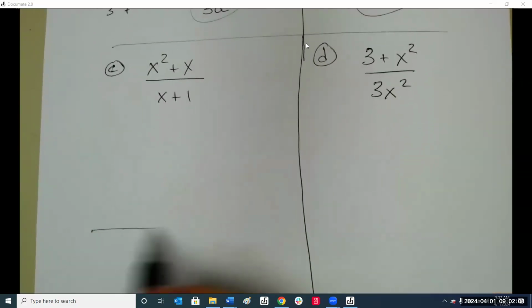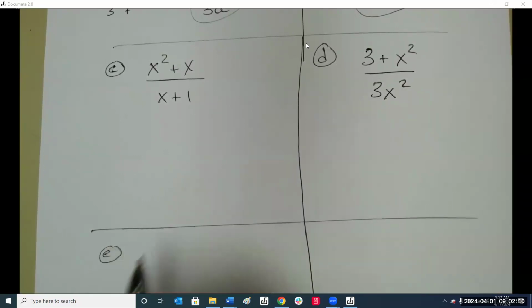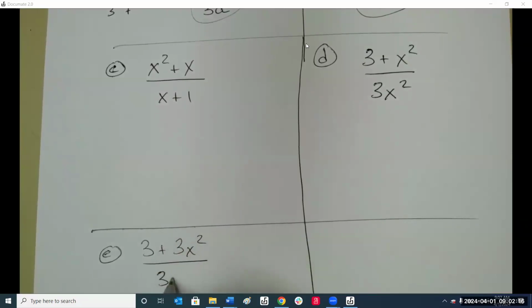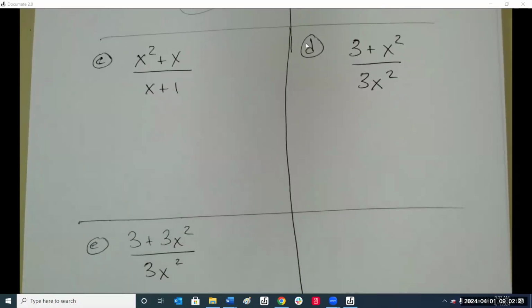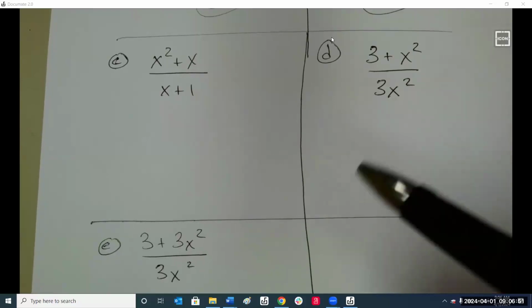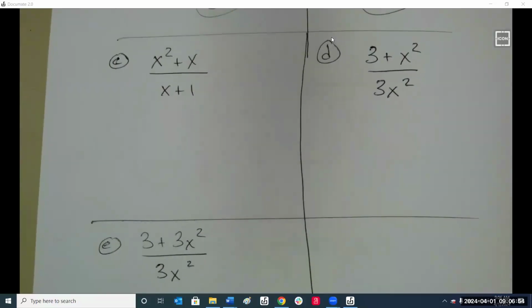And if you finish that one, 3 plus 3x squared over 3x squared. Can we do anything in this one? What? How?